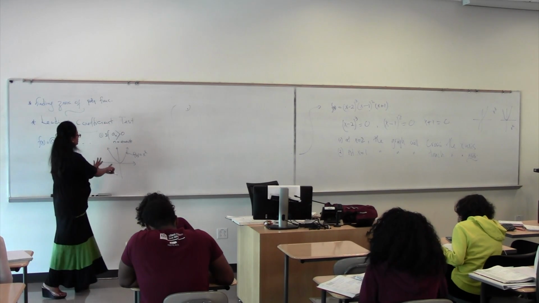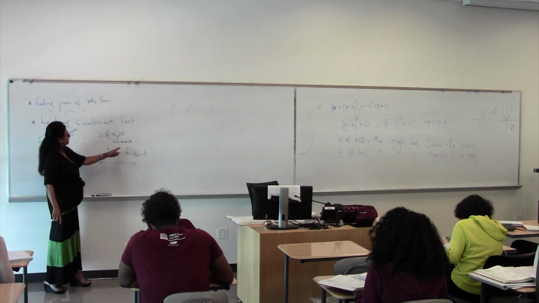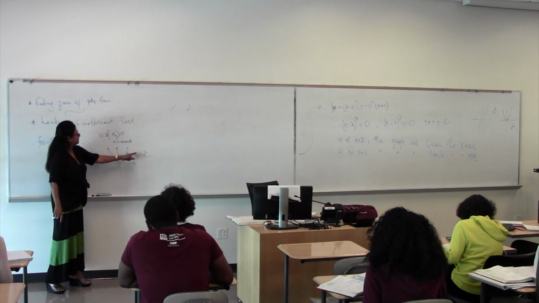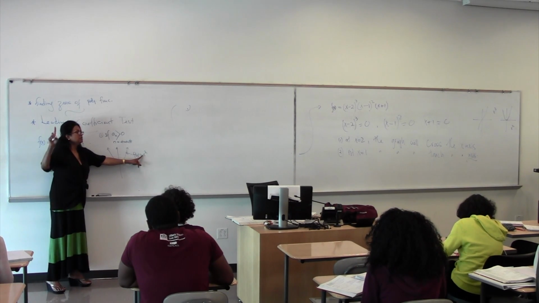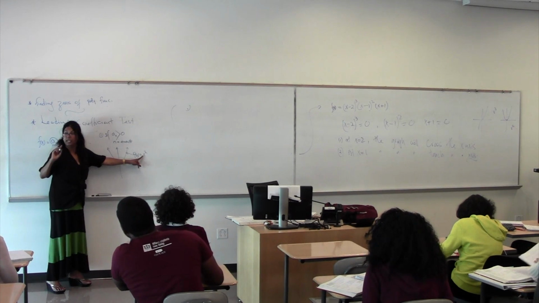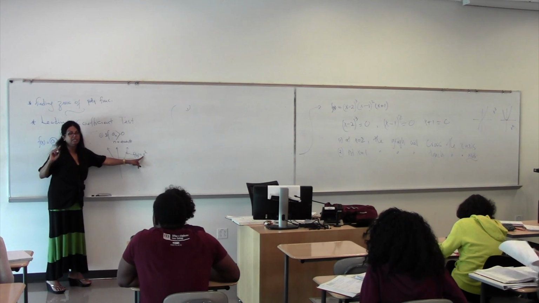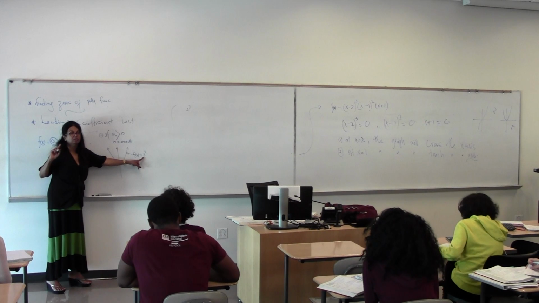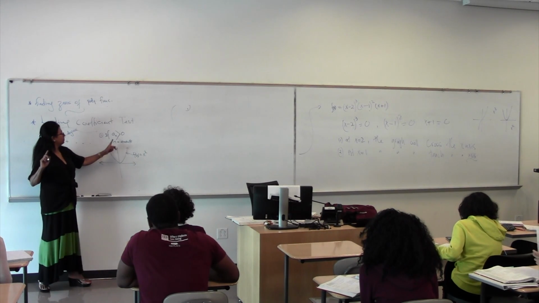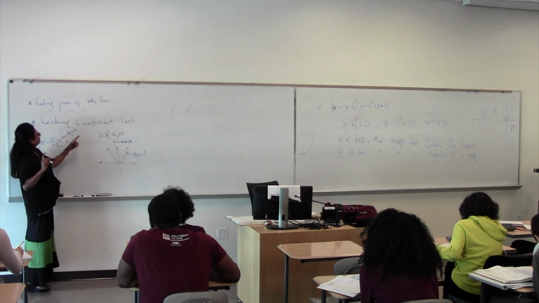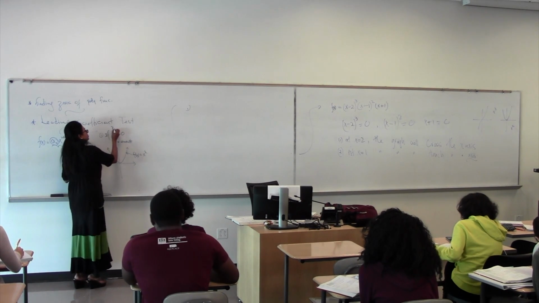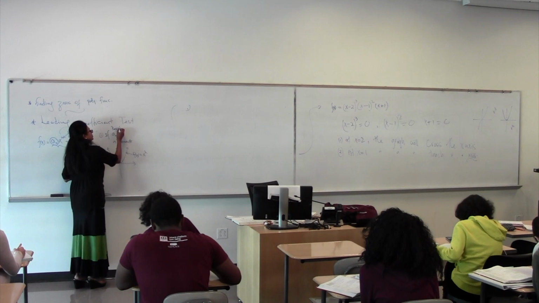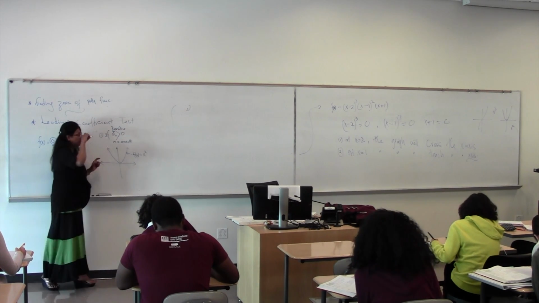So this is an example for this one. N is even and a n is, what is a n? It is the leading coefficient, 1. It's greater than 0, positive.